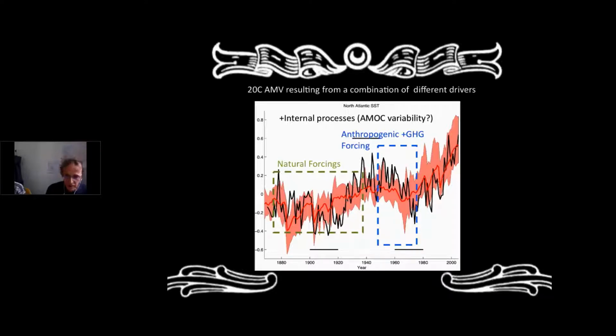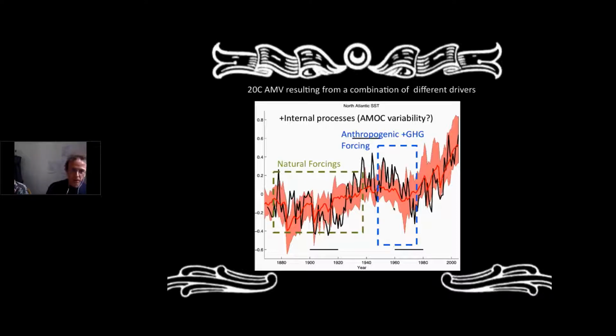There's a very long debate on this, but we decided to take a piecewise approach, selecting a specific event and focusing on it, to verify whether climate models are able to reproduce the most recent part of the record, for which there are more observations.